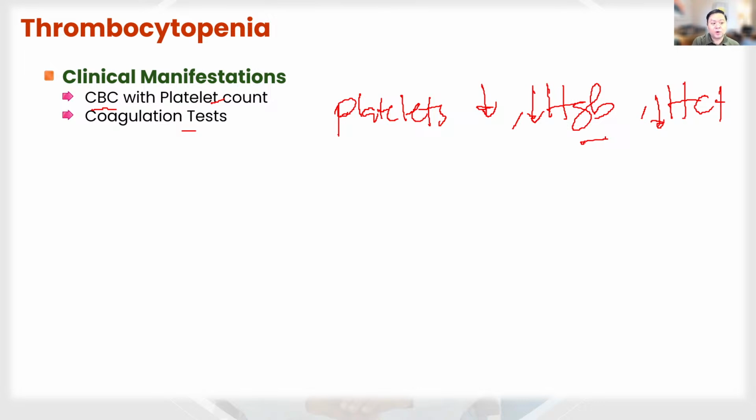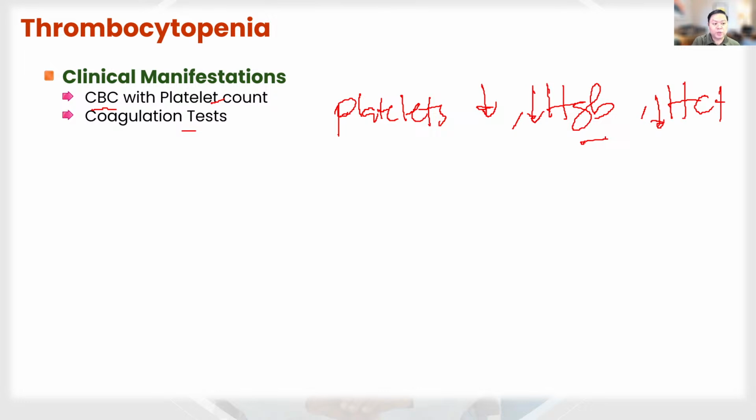And the coagulation test here can also help in determining the prothrombin time, the activated partial thromboplastin time, and also the bleeding time, right? That would be included as well.